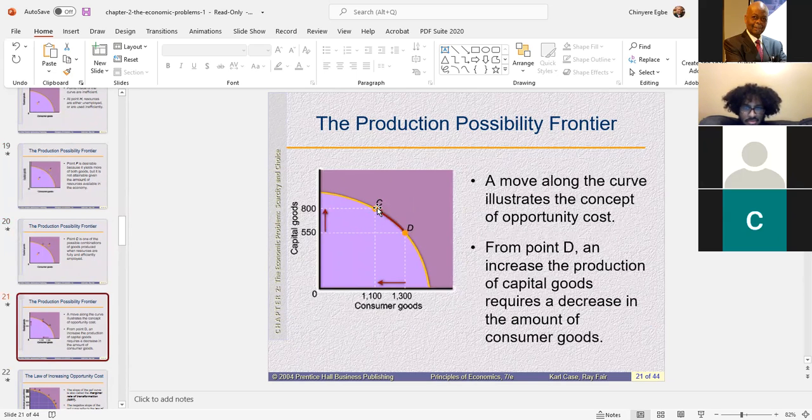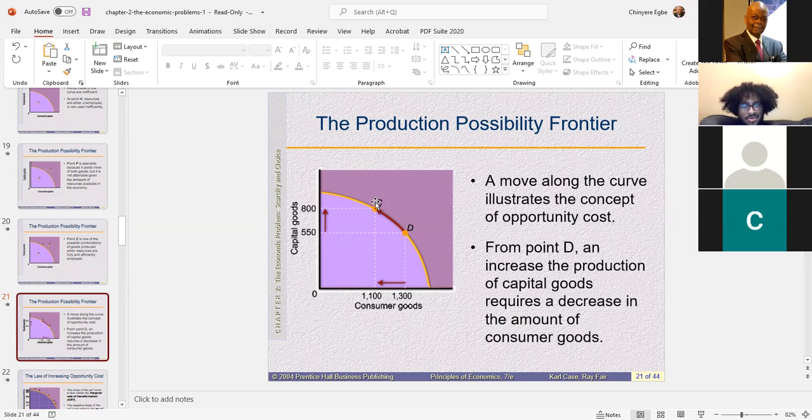When you are at point C, you are producing 800 capital and 1,100 consumer. But if you decide that you want more consumer goods, you must give up some capital goods, and you produce at point D, which is 550 capital and 1,300 consumer goods.